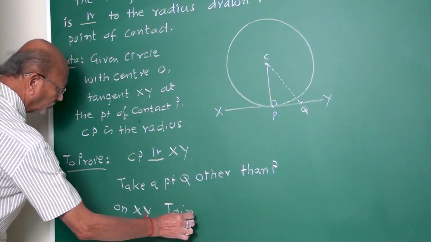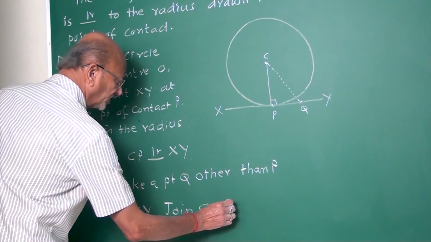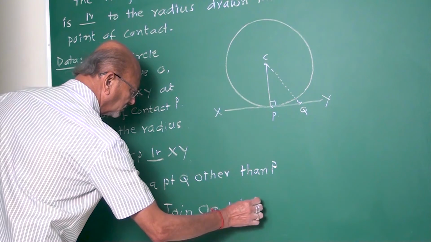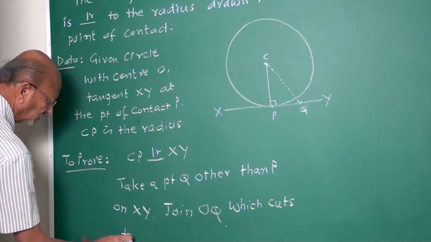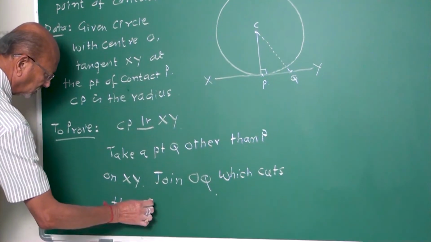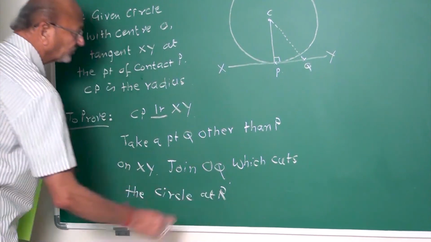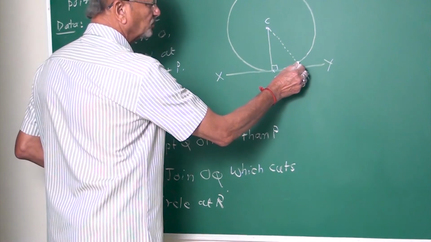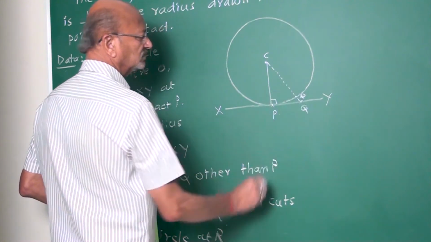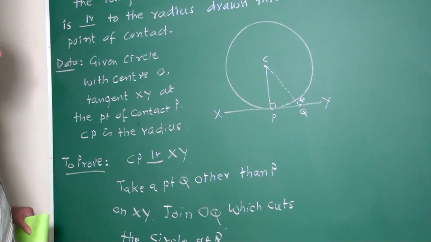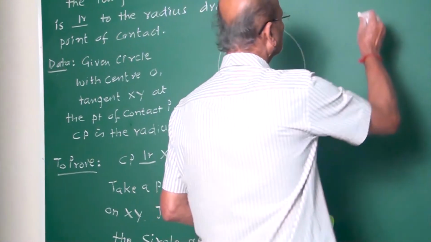Join CQ, which cuts the circle at R. This point is R. Yes, my friends. Now we want to prove this.